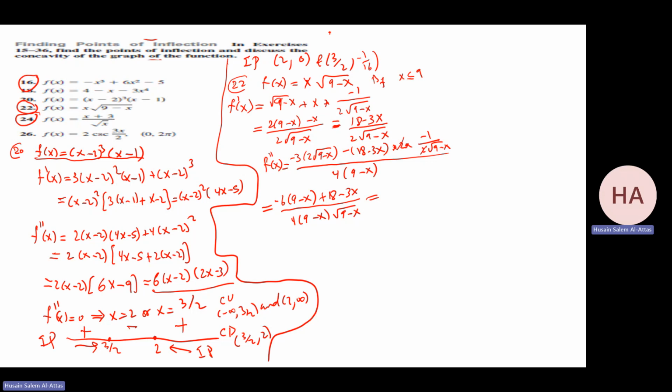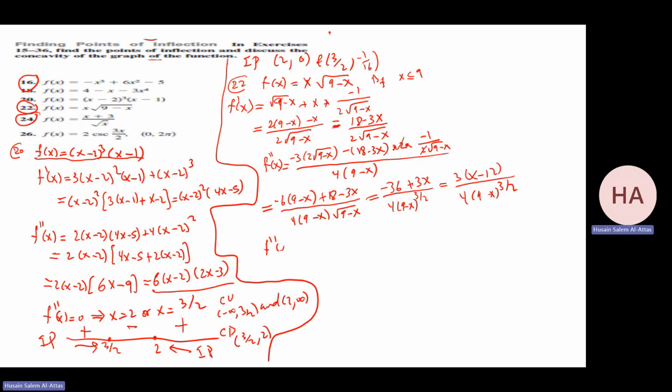That will be what? Minus 54 plus 18, that's minus 36. Minus 6x plus 3x. On this one, I can write it, and that will be what? 3x minus 12 over this.